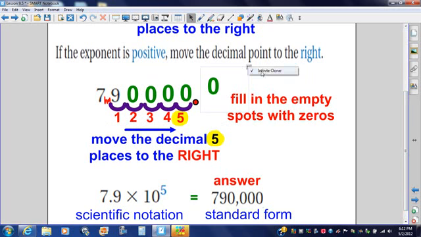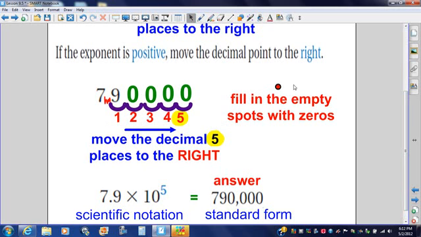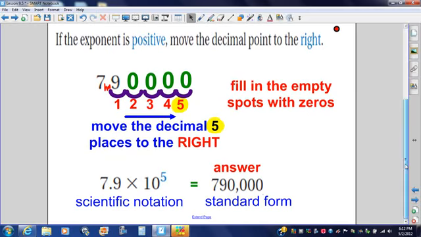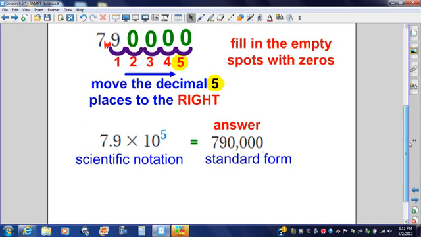Let's get rid of our infinite cloner. Bada bing, bada boom. Now that my decimal is all the way to the right, I don't need my decimal anymore. So my answer in standard form is 790,000. Nice. Da Bulls or da Bears. Scientific notation, standard form.